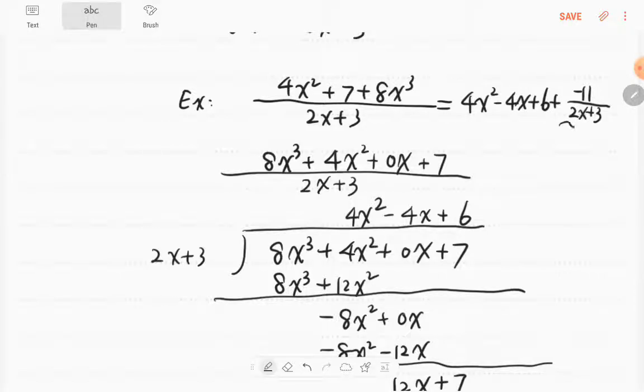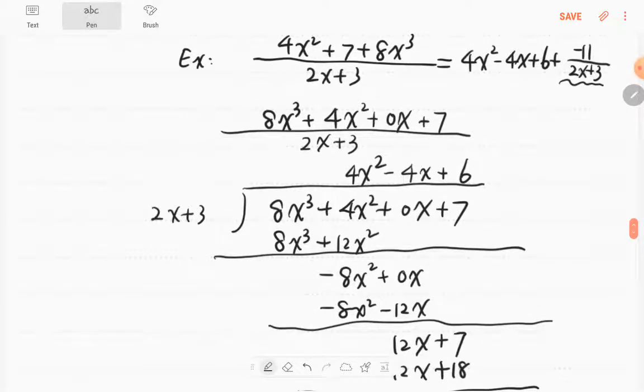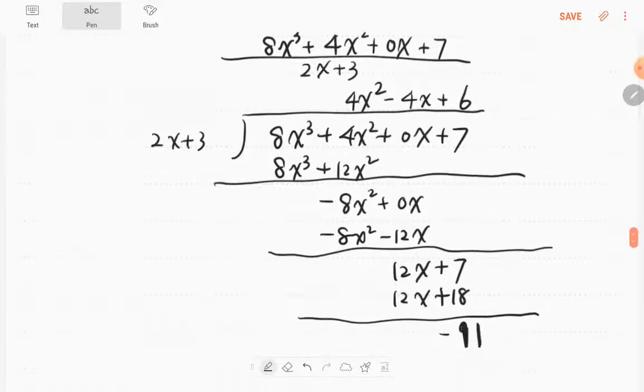So this is the correct form to express your remainder. Okay, this is the correct form to express your answer. Quotient plus remainder divided by the divisor.